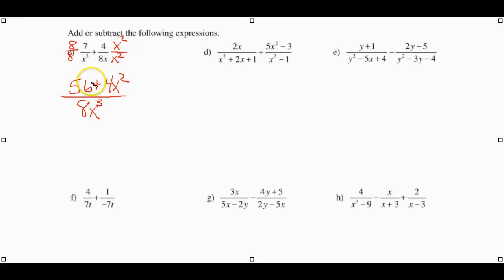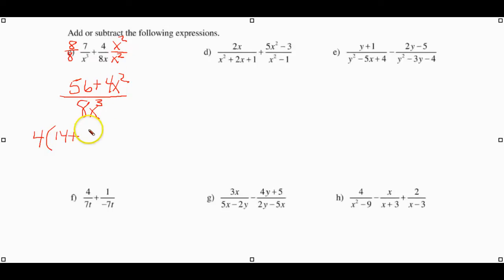Now, you might think I'm finished. No, because I know I can take a 4 out of this term, and a 4 out of this term, and a 4 out of this term. So we're going to simplify this a little bit. And let's show you how we do it. We take a 4 out, so this becomes 14.